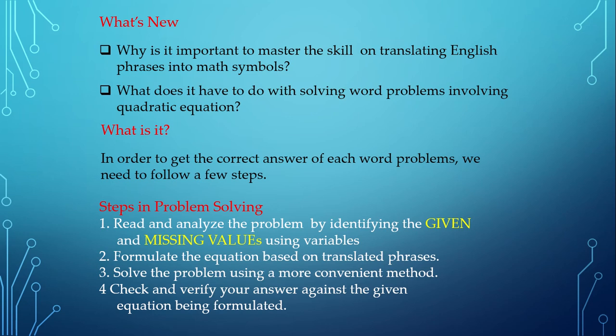Number three, solve the problem using a more convenient method. We have 5 methods for solving for the roots of the quadratic equation, since these word problems will involve quadratic equation. And lastly, check and verify your answer against the given equation being formulated. So these 4 steps, we will use them as we solve word problems involving quadratic equation.